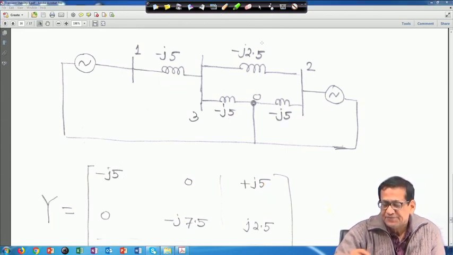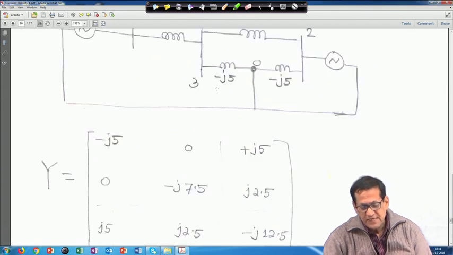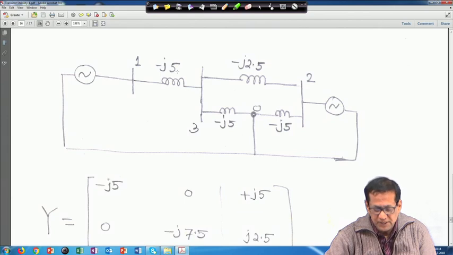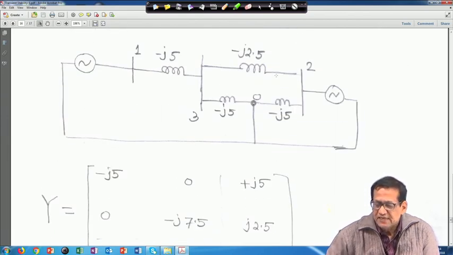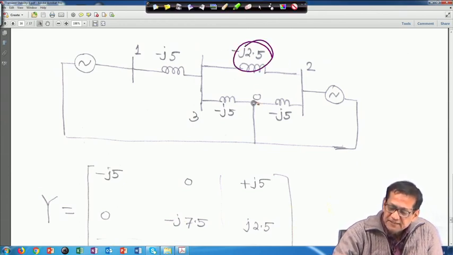Similarly, Y21 is 0, no connection between 2 and 1. For Y22, this one will be added, and fault has occurred here and then this one will be added.